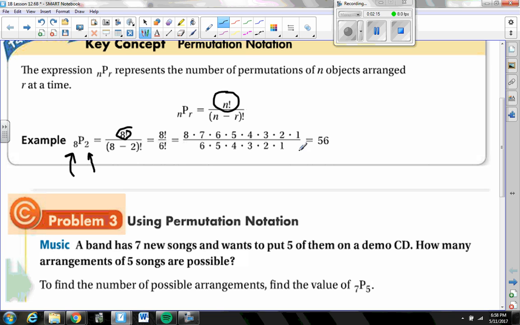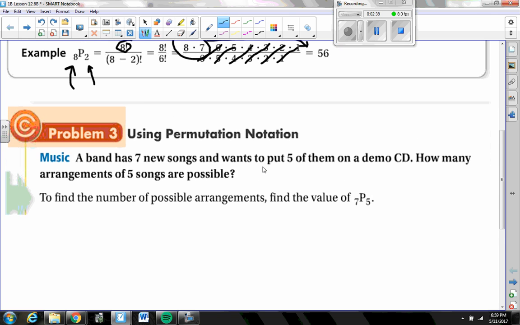Notice that most of those numbers are exactly the same. The 6's can go away, the 5's can go away, the 4's can go away, the 3's can go away, the 2's and the 1's. What are you left with? 8 times 7, which is 56. Okay? So the mathematics here is not as hard as you may think, but you still may want a calculator for some of the bigger multiplication problems we have to do here.